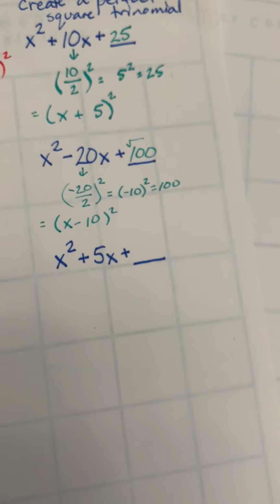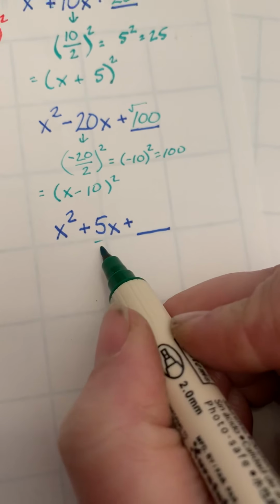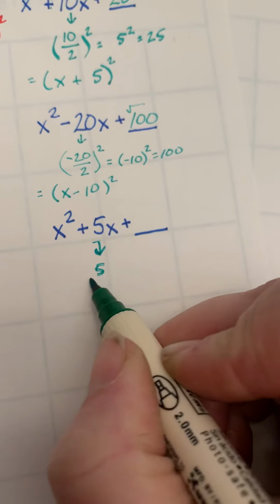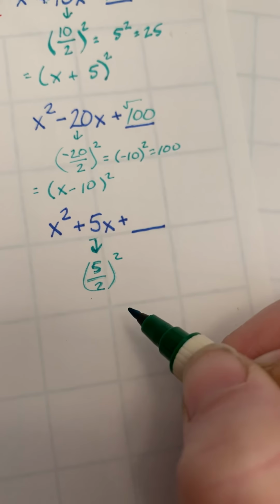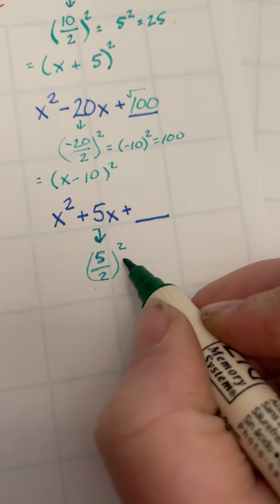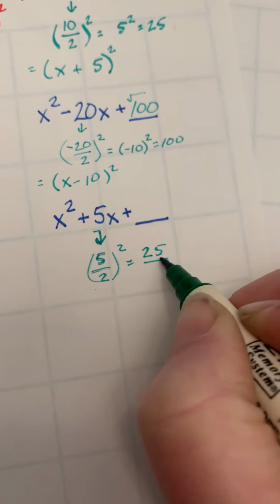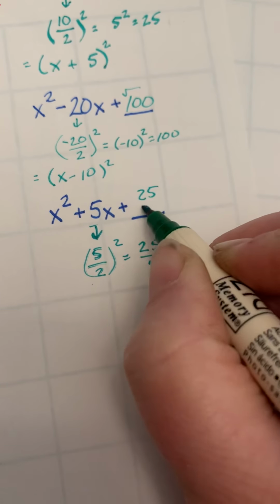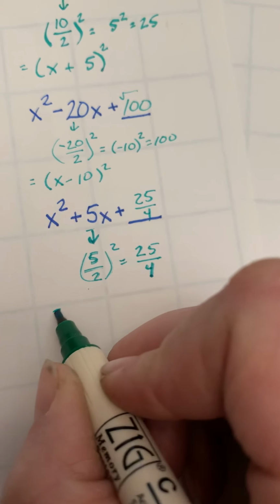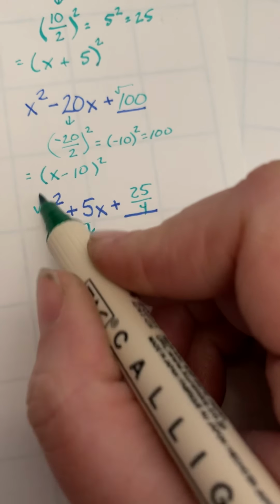One more, a little trickier. What makes it trickier? Well, this is odd. Same idea though. Divided by 2 squared. 5 is not divisible by 2, so we're just going to leave it as a fraction. It's okay. 5 squared is 25. 2 squared is 4. That should be what goes here. If we factor it, square root of x squared is x.